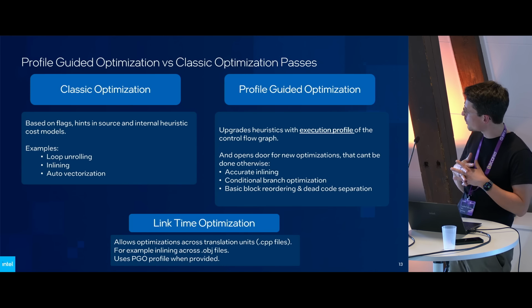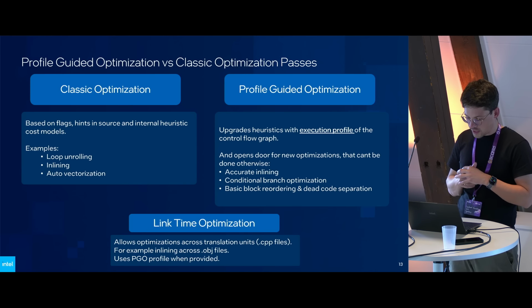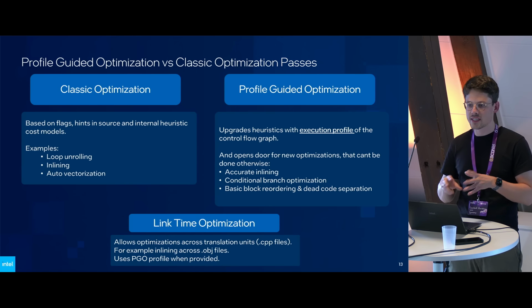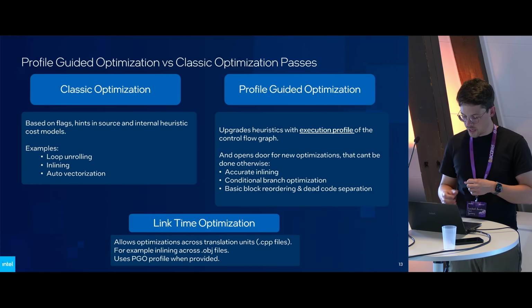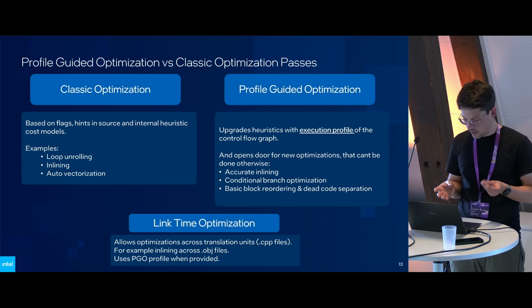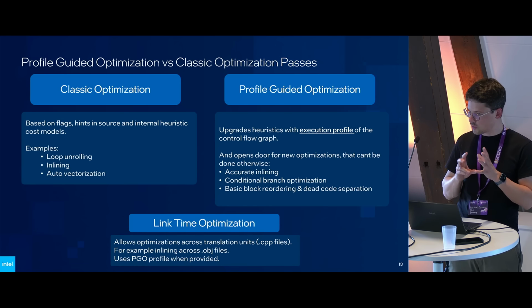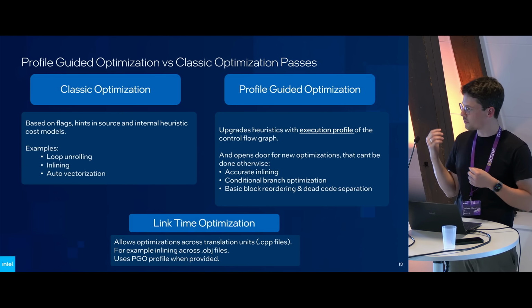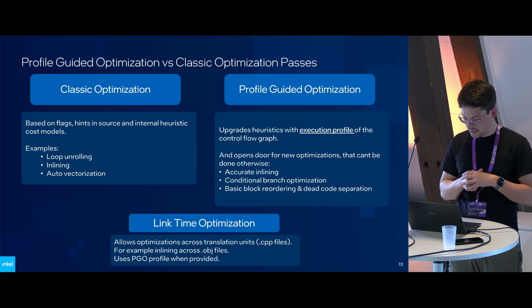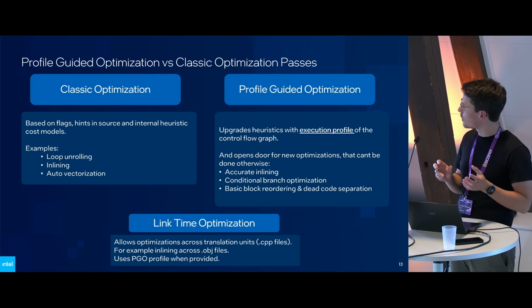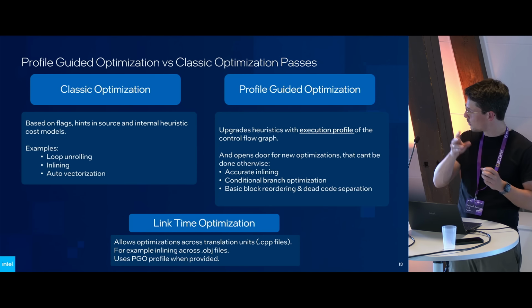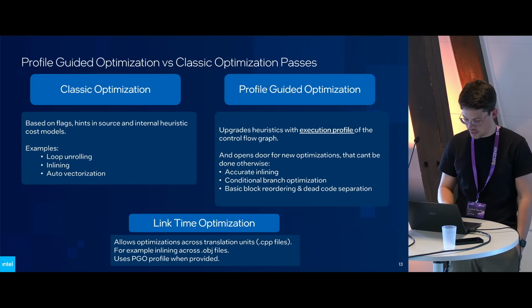So for inlining, for example, we can predict more accurately if it will give us a speedup or not. And we can also do new optimizations, as for example, conditional branch reordering, which is similar to what I've already shown for the Clang example, or basic block reordering or dead code separation. I will have an example for this on a later slide.